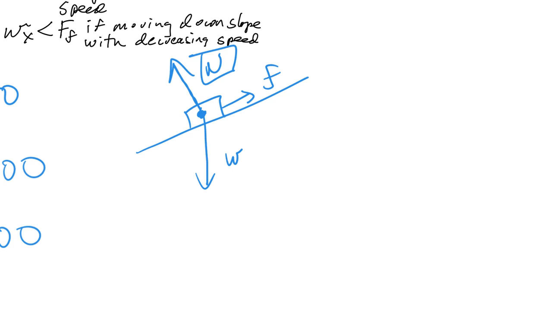Now, there's the x component of the weight. The x component of the weight, which I'm going to call Wx, is what's bringing it down the incline.